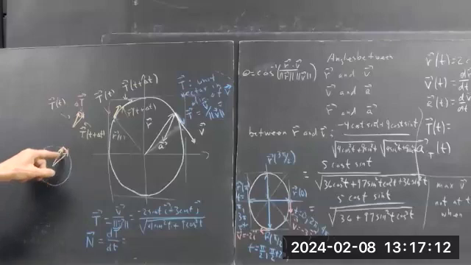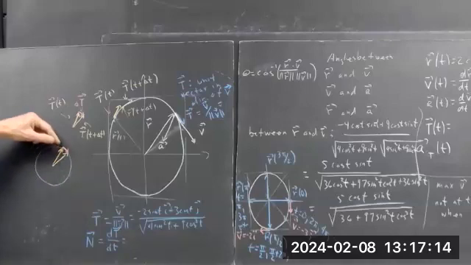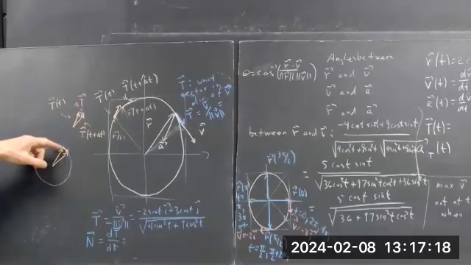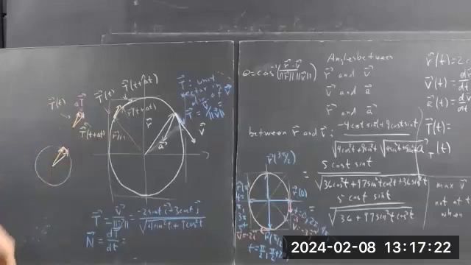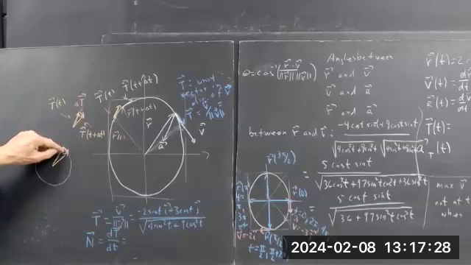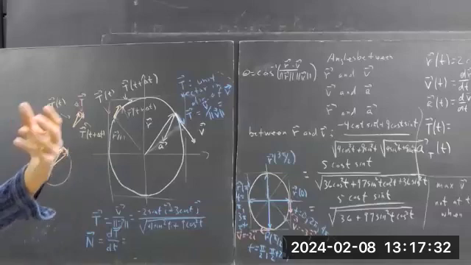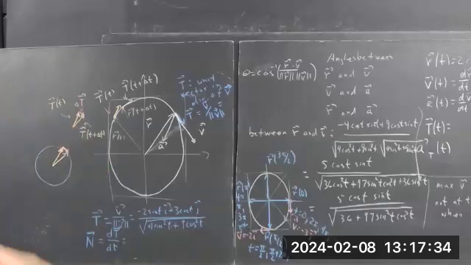So if I draw a radial vector here, this would be very nearly tangent to the circle at this point, but not quite because it's cutting the circle a little bit. But as these things get closer and closer together, this becomes closer and closer to tangent, and in the limit as delta t approaches zero, this becomes tangent to the circle.